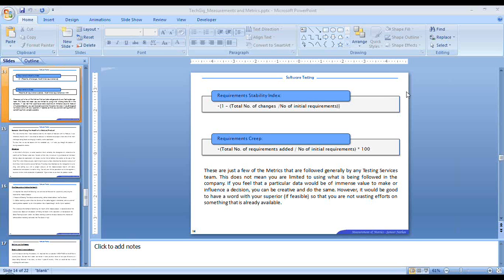We had to do a ramp up, which also involves effort and cost. So you combine these two metrics to put your point across to your management or stakeholders, wherever applicable. I'm assuming that was why the question came up about requirements creep and requirement stability index.